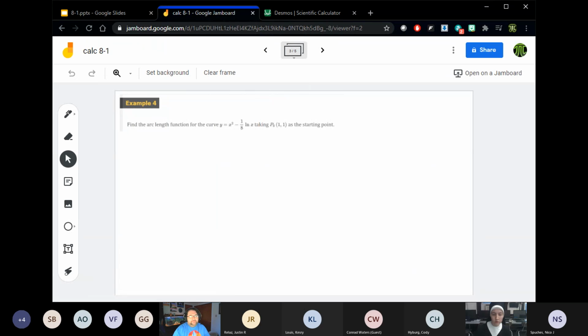All right. So we want to find the arc length function for y equals x squared minus 1/8 ln of x, starting at the point (1, 1). So first, my f of x is x squared minus 1/8 ln of x.